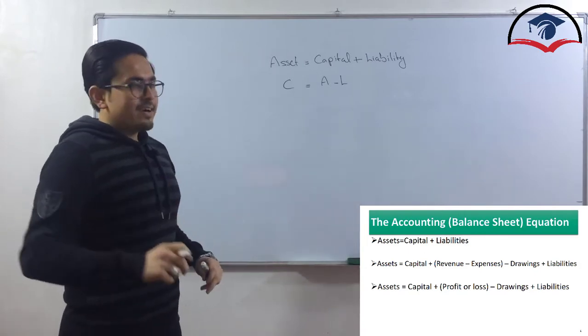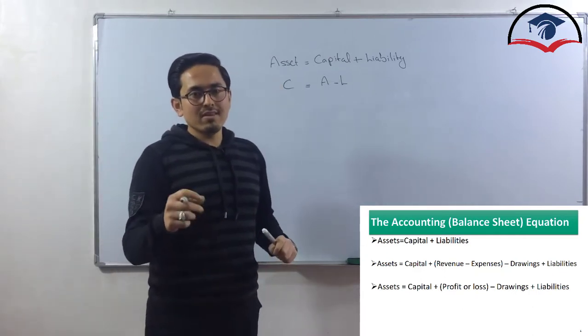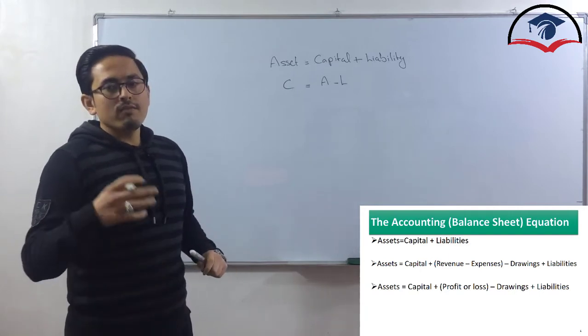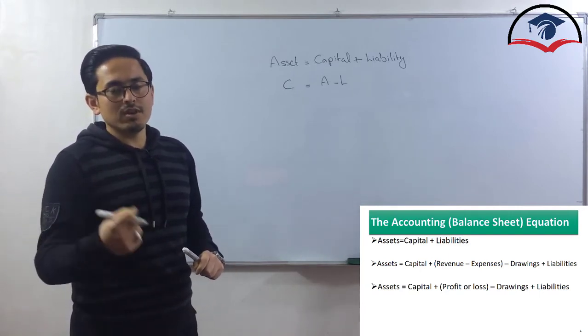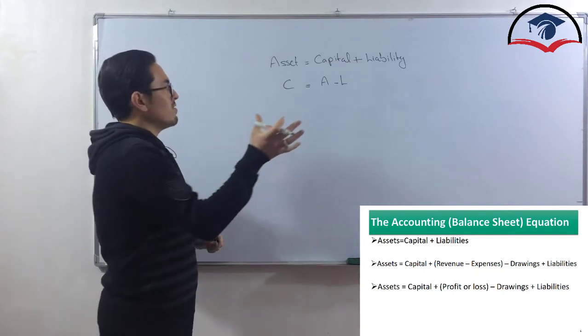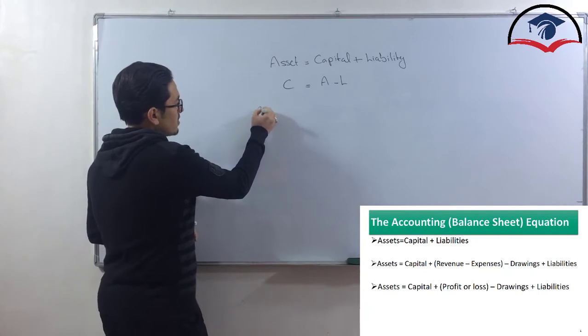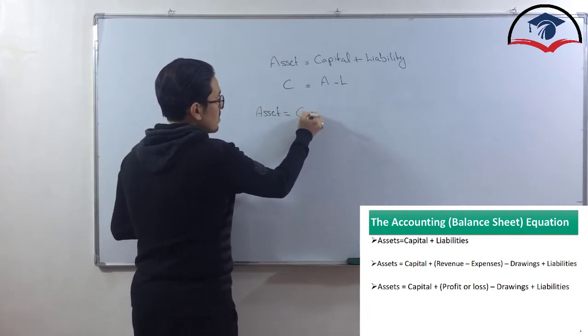One thing is clear: the whole set of transactions of the company is not limited to this formula only. We have other items such as revenue, expenses and withdrawals, which can be inserted into this formula. If we insert them, assets will be equal to capital.